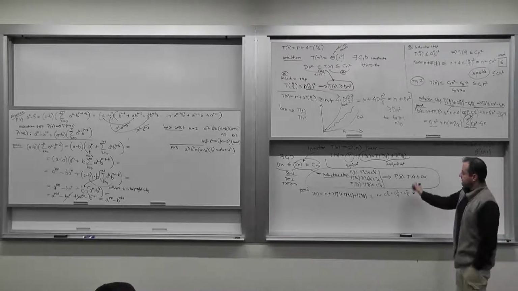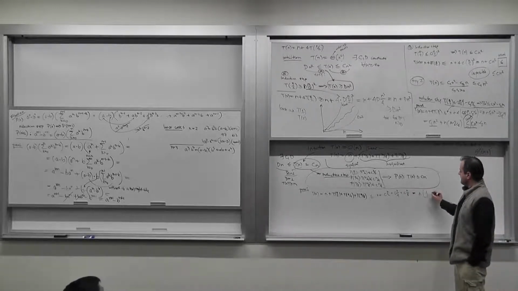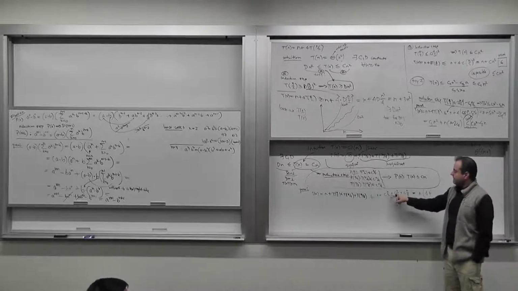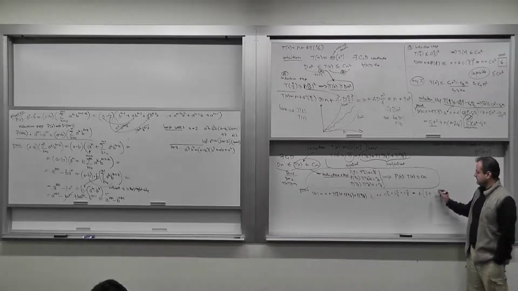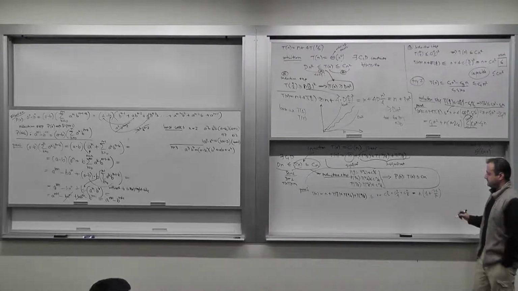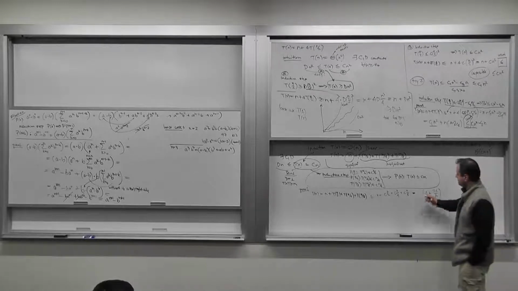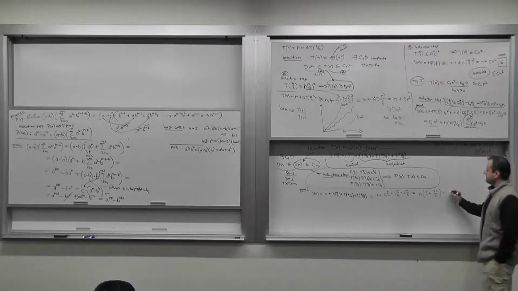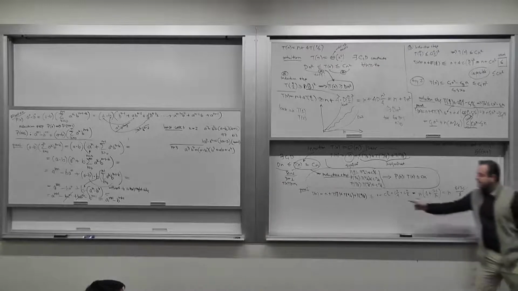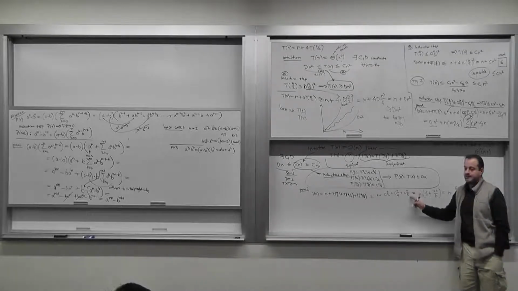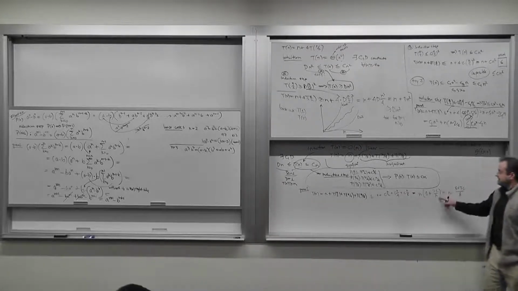How much is the whole thing? n times 1 plus, how much is 1 by 2 plus 1 by 4 plus 1 by 8? It's 7C by 8, which is n times (8 plus 7C) divided by 8. So I add up 1/2 with 1/4 with 1/8, and I get 7/8.